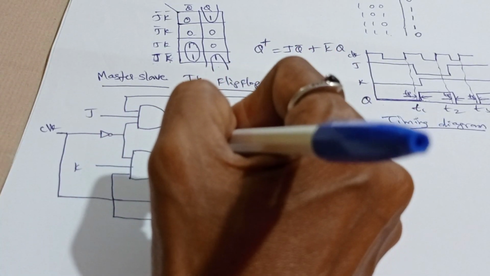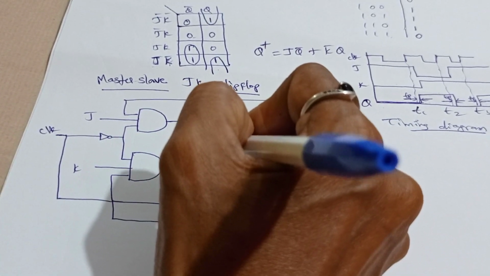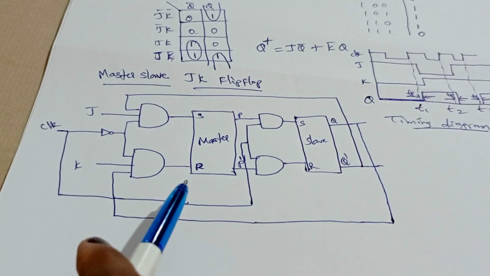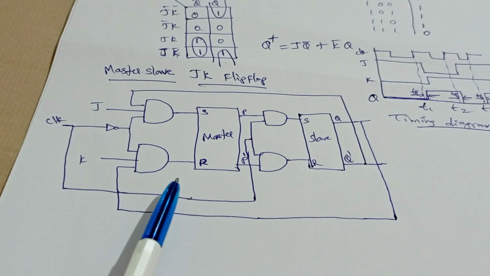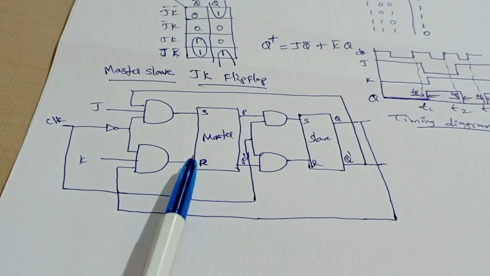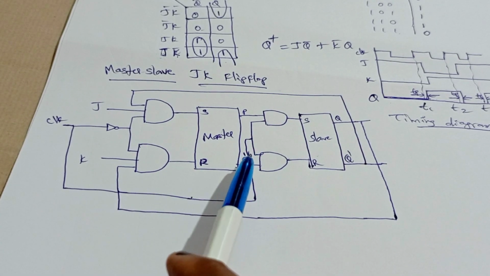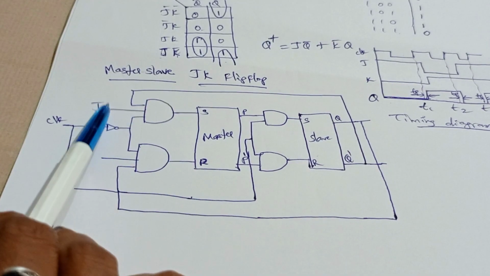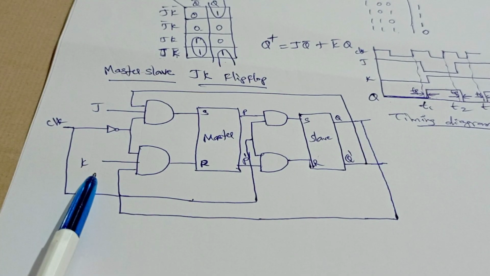This is the master latch and slave latch. This is the same circuit as SR master slave flip-flop except S and R have been replaced with J and K. And Q and Q bar outputs are feeding back into the input gates.